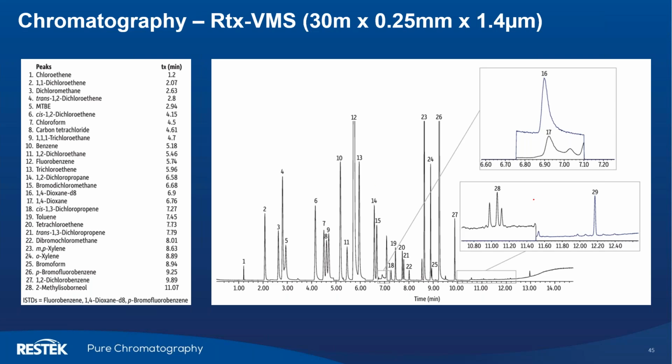And we can see here our low-level analytes, compounds number 28 and 29: 28 is 2-methylisoborneol, and 29 is geosmin. These are our odors of interest at much lower levels, and you can see that they're separated out nicely, but also able to be combined with the VOC method.